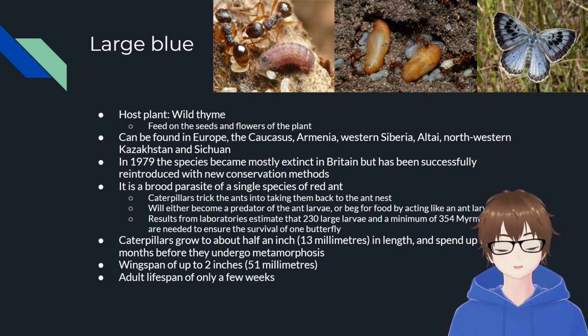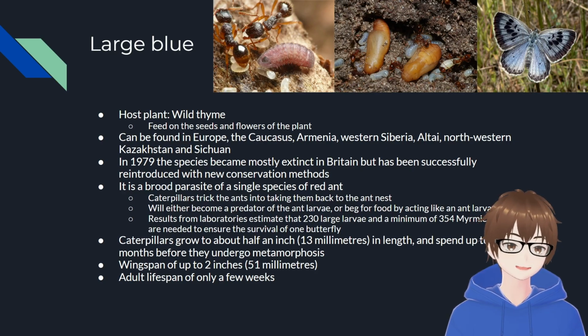So I just want to point out that these ants never notice that the caterpillar is not an ant larvae. I mean, there might be some that do, okay? But this species has survived, and it continues to live with ants. So I'm guessing most of the caterpillars end up surviving.